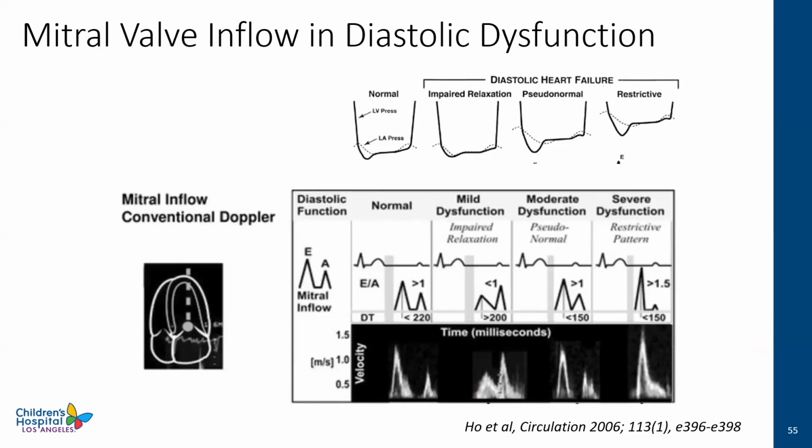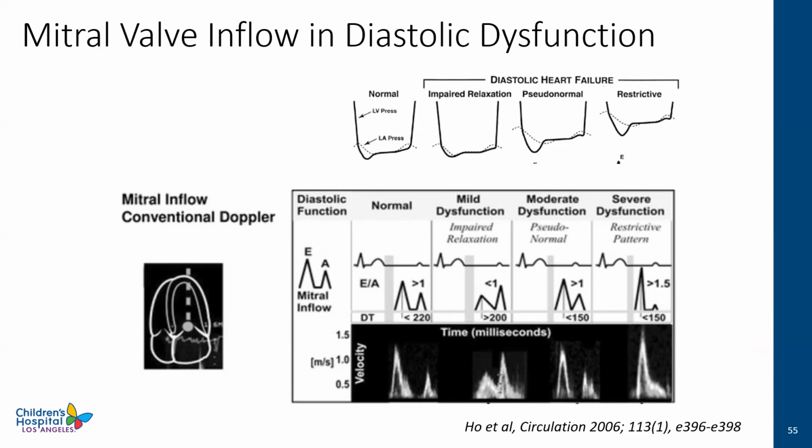The mitral valve inflow in diastolic dysfunction can be rated from normal to severe, basically looking at the ratio of your E wave to your A wave, where normal is usually greater than 1.